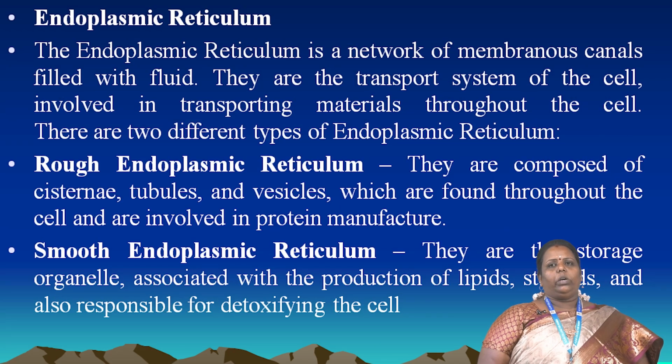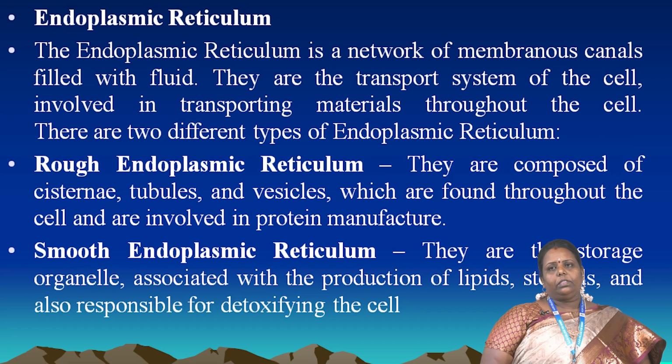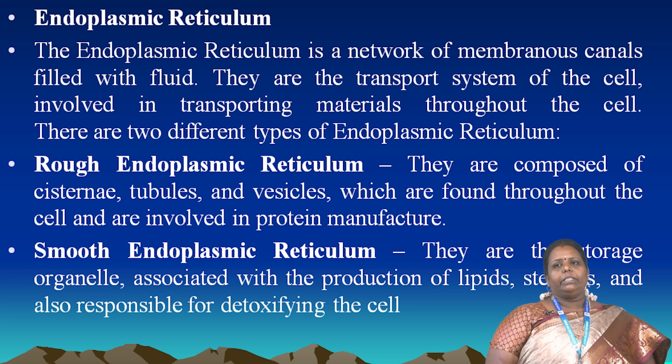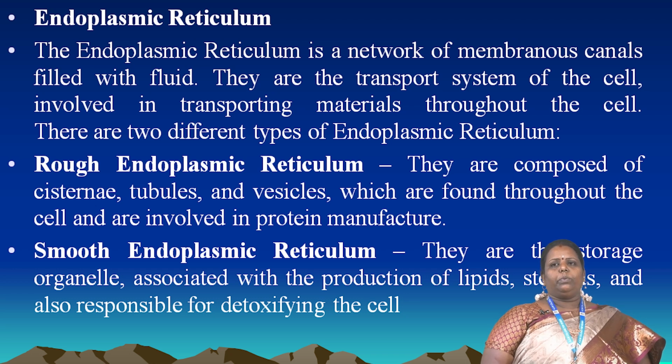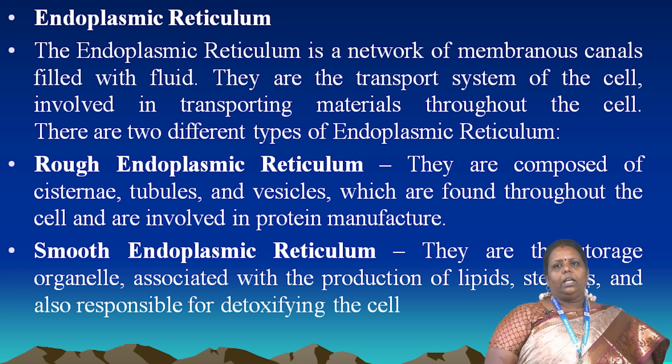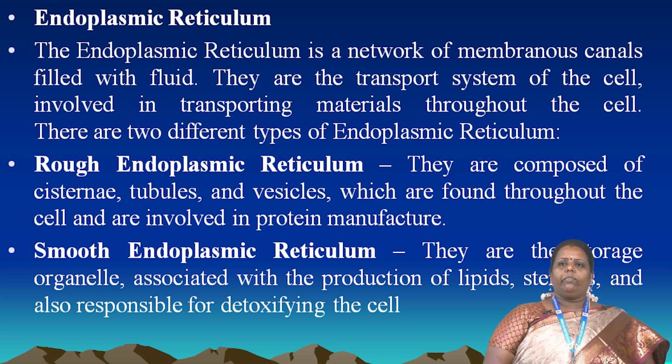After that, the endoplasmic reticulum. The endoplasmic reticulum is a network of membranes filled with fluid. It is the transport system of the cell, involved in transporting material throughout the cell. There are two different types of endoplasmic reticulum. One is rough, another one is smooth endoplasmic reticulum.